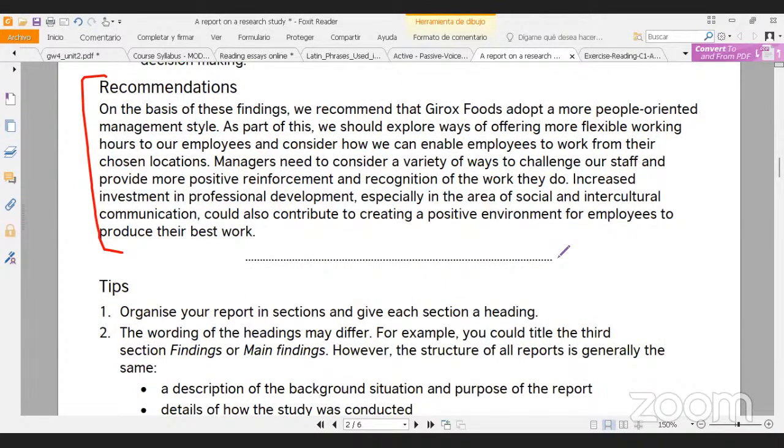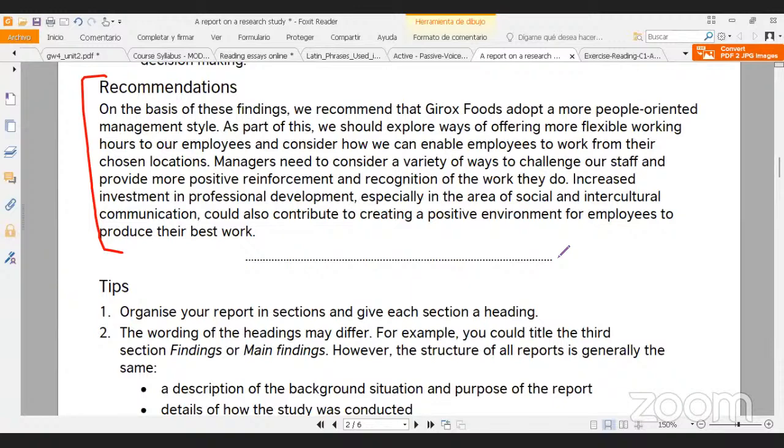On the basis of these findings, we recommend that Xerox Foods adopt a more people-oriented management style. As part of this, we should explore ways of offering more flexible working hours to our employees and consider how we can enable employees to work from their chosen locations.